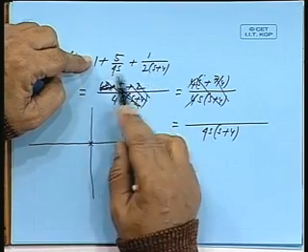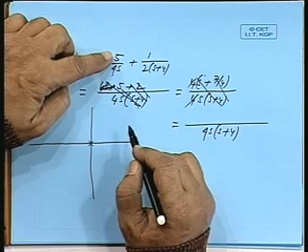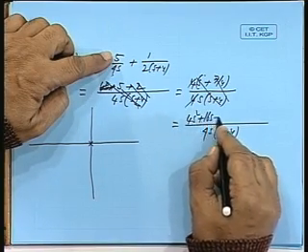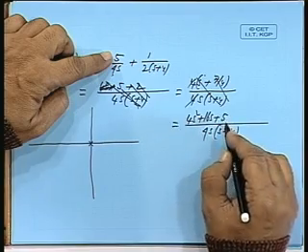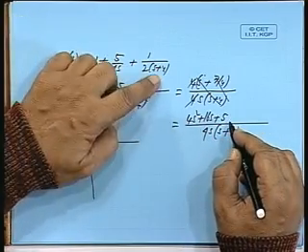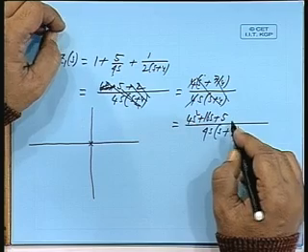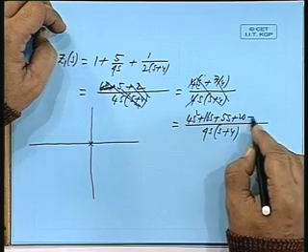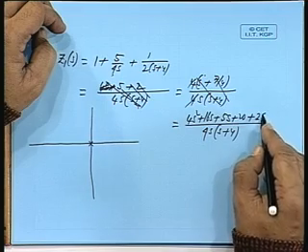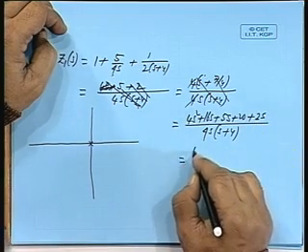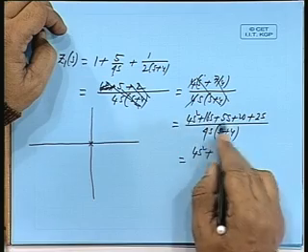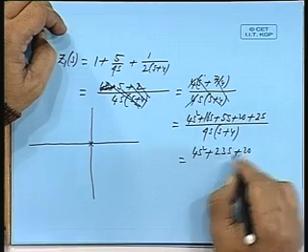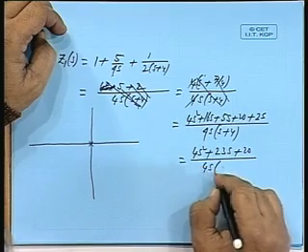So, 4s squared plus 16s plus 5s plus 20. 4s squared plus 16s plus 5 into (s plus 4). So, 5s plus 20 plus 2s. Is that all right? So, that gives me 4s squared plus 23s plus 20, divided by 4s into (s plus 4).